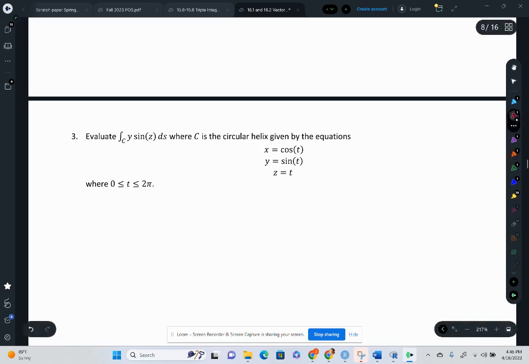So I'm going to put this together in terms of vector functions. So I've got my r of t. They give us the components. They're cosine of t, sine of t, and t.